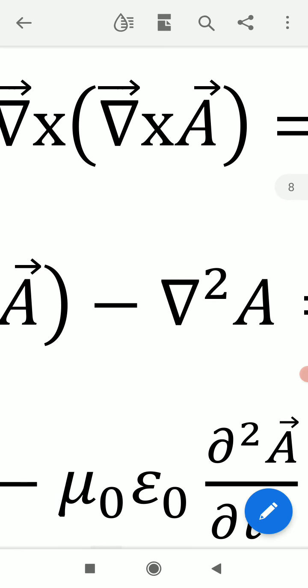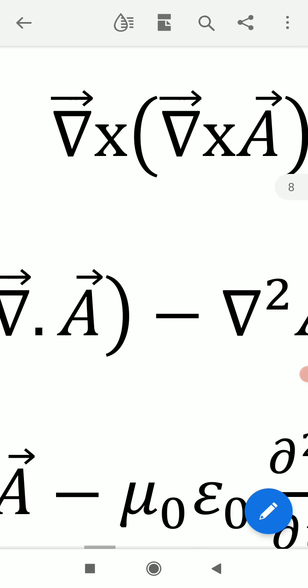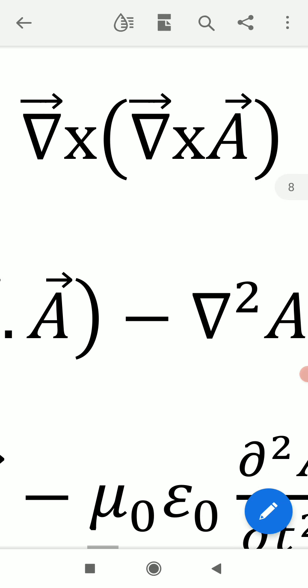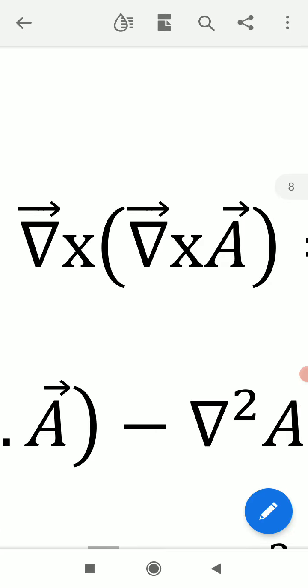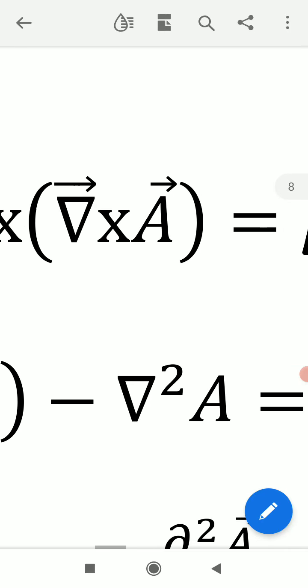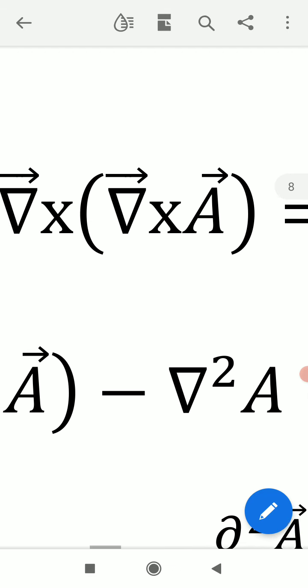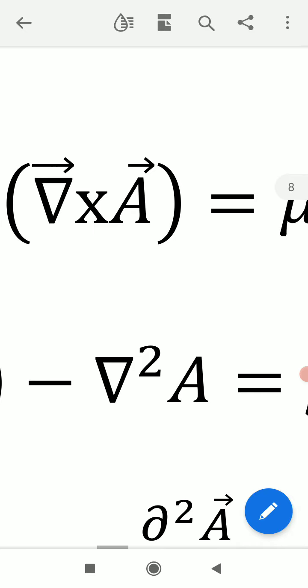Then the second term is minus A dot B times C. Now A dot B becomes del dot del, that is del square, and C is A vector. So it is del square A vector.